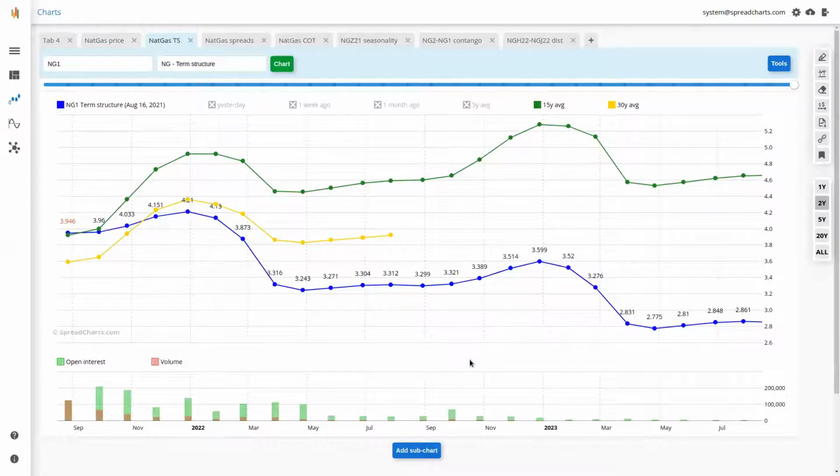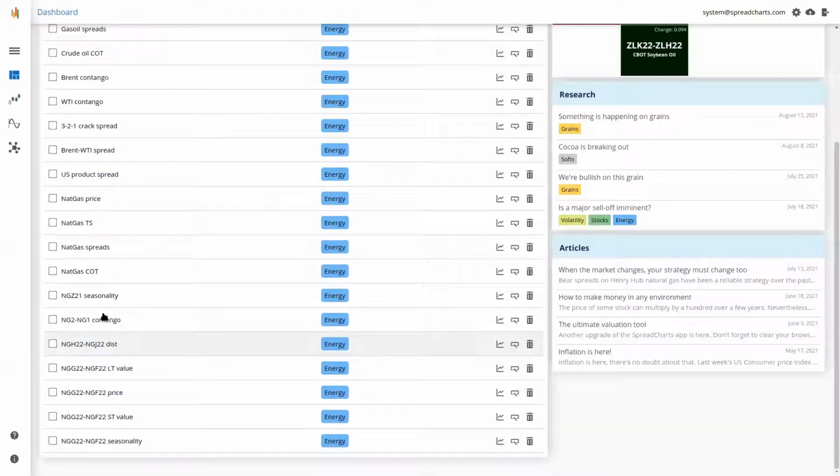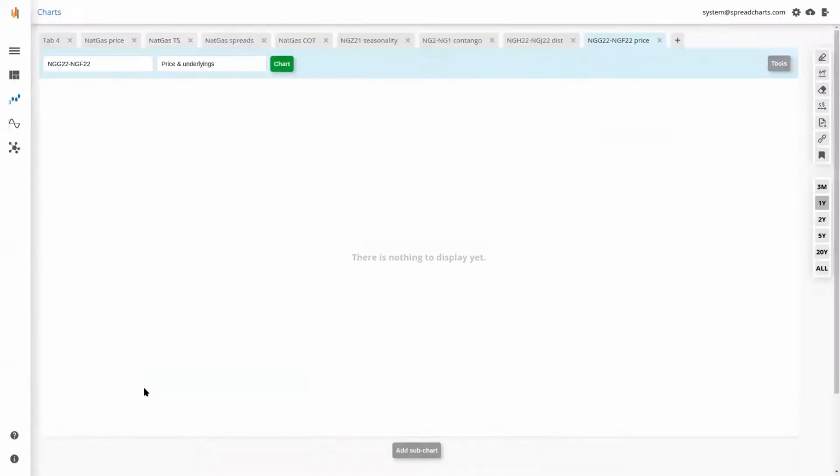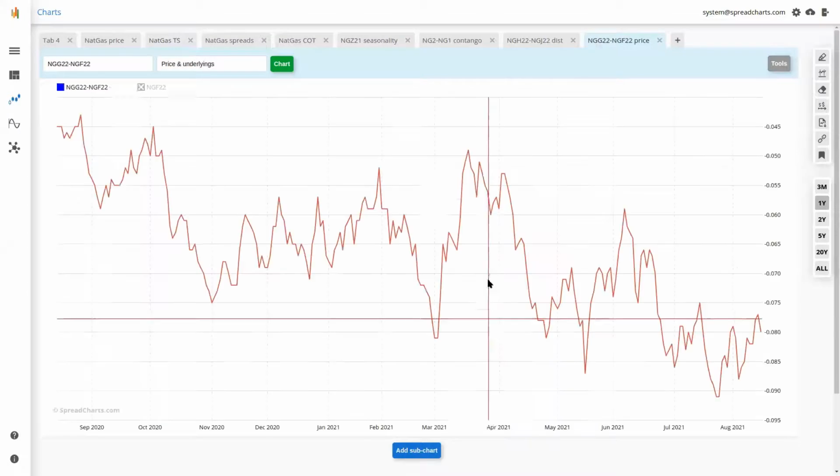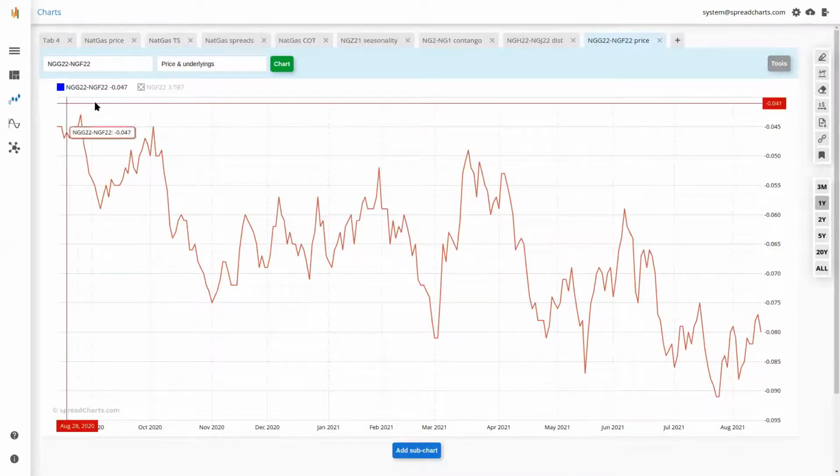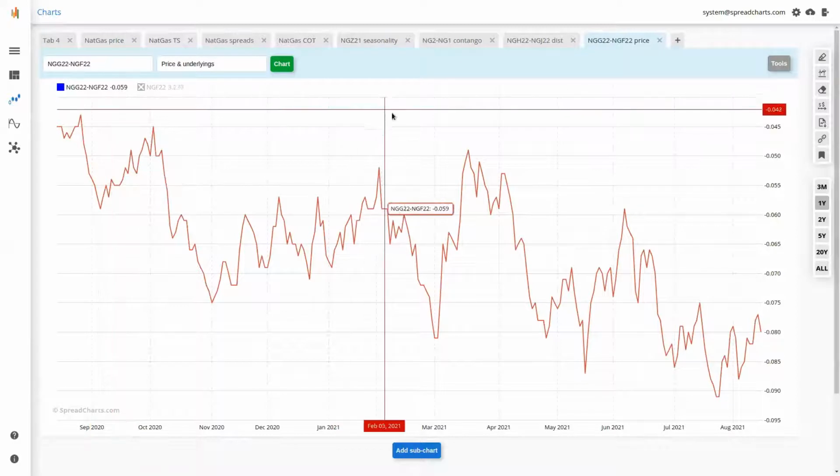But if I would want to make use of this opportunity, I would trade it through some more distant spreads, interdelivery bear spreads on Nat Gas. Such as I have one bear spread here, which is the spread between February and January 2022.